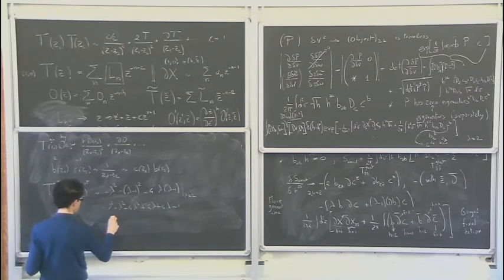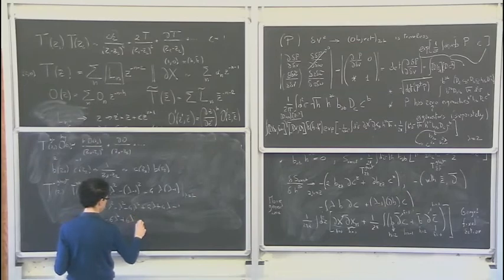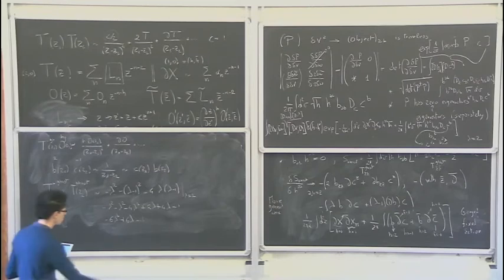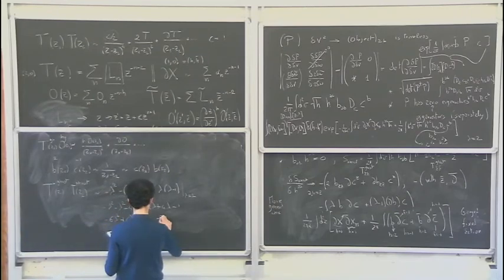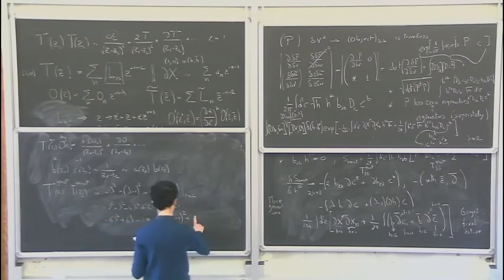So this is minus 6 lambda squared plus 6 lambda minus 1, which I can write as minus 3 (2 lambda minus 1) squared plus everything over half.